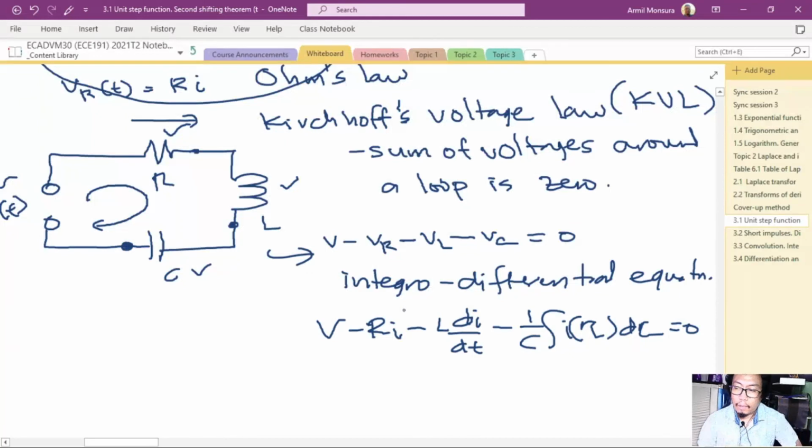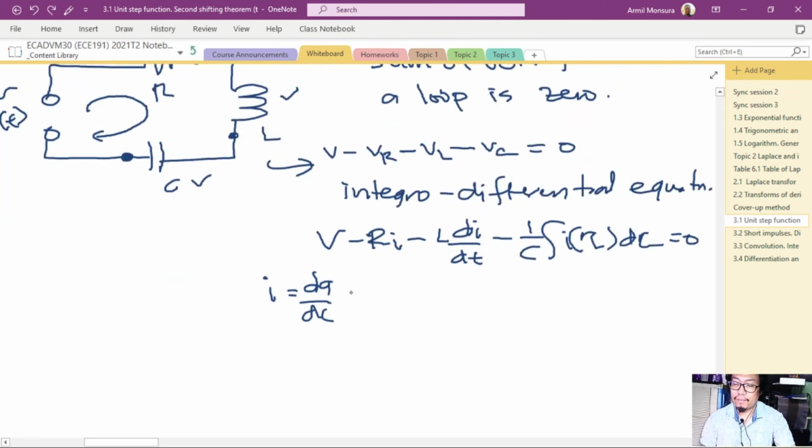Now, an easier way to work around this integral differential equation is that instead of expressing this in terms of current, you can express this in terms of charge. Again, you would have to replace I with the derivative of your charge. The two quantities are related in such a manner that the first derivative of the charge, or the time rate of the charge, is equal to the current.